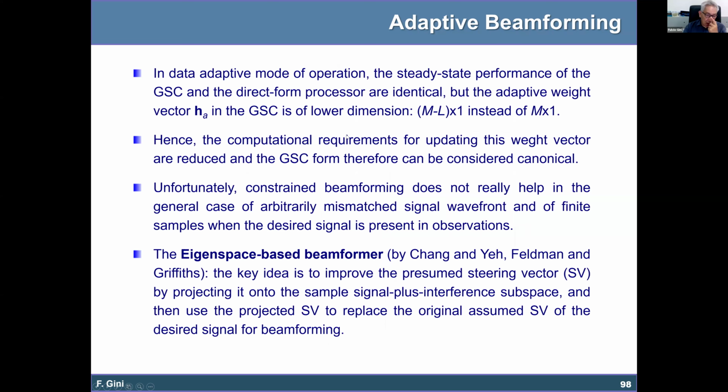So the generalized side lobe canceller is not a different beamforming, but it's an efficient way to implement the linearly constrained minimum variance beamformer.